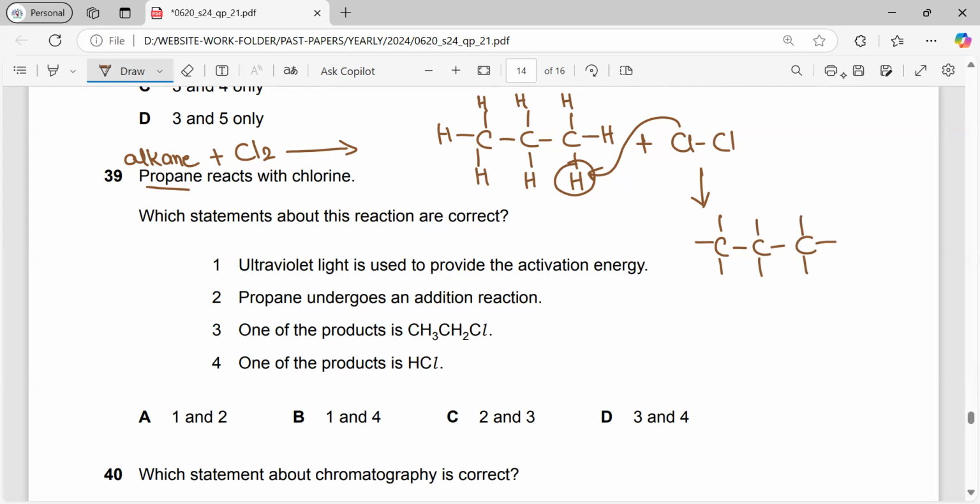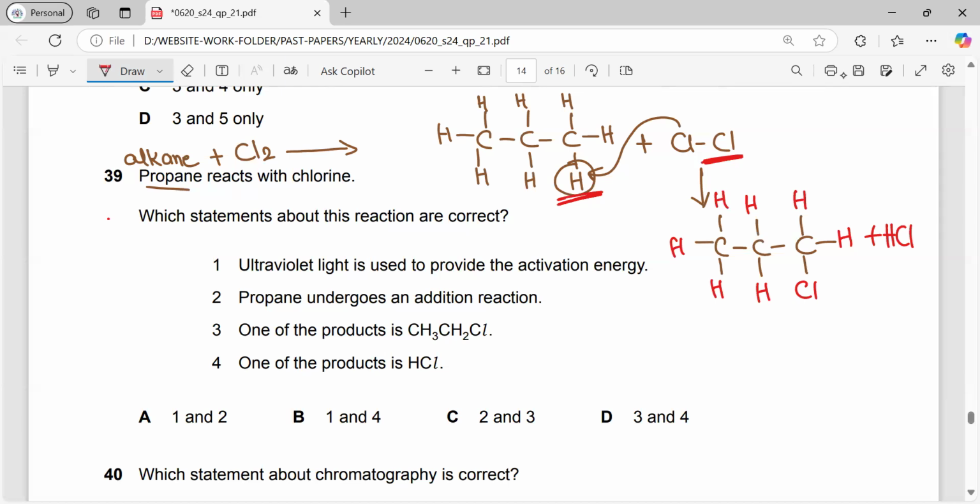So it will become the same 3-carbon chain, but instead of this hydrogen, chlorine is attached, and the rest are hydrogen. As a byproduct, the replaced hydrogen reacts with the other chlorine atom to form hydrogen chloride gas.